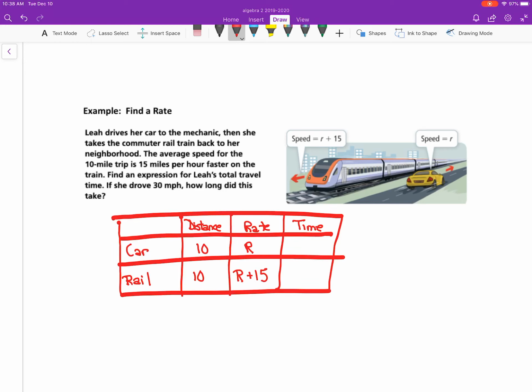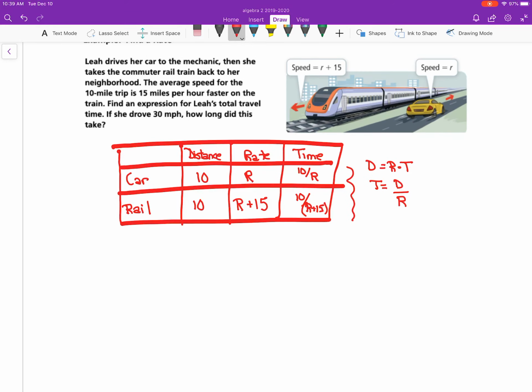All right, and so our time is just going to be 10 divided by R, or 10 divided by R plus 15, because distance equals rate times time. So if I needed time, I would just do distance divided by rate, which is how I got these last two things, distance divided by rate.